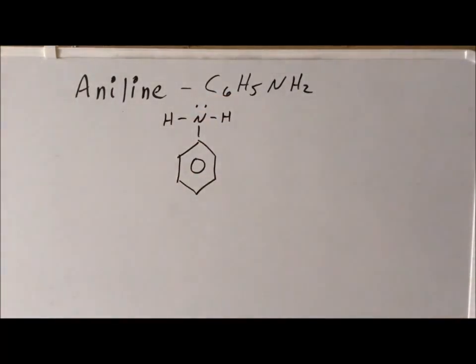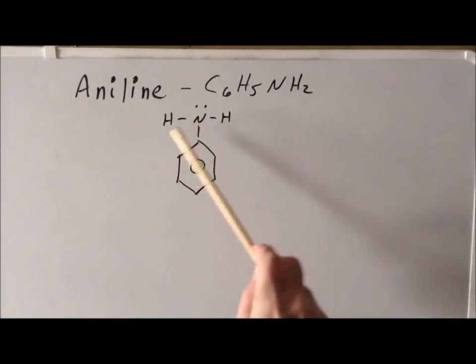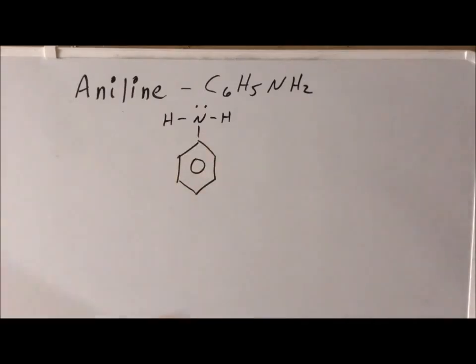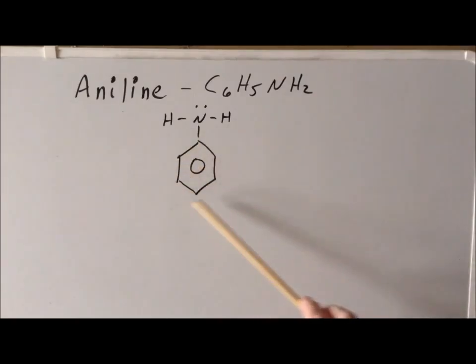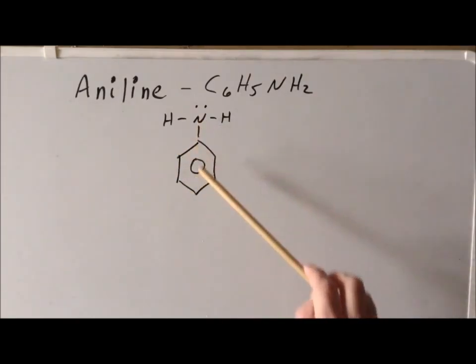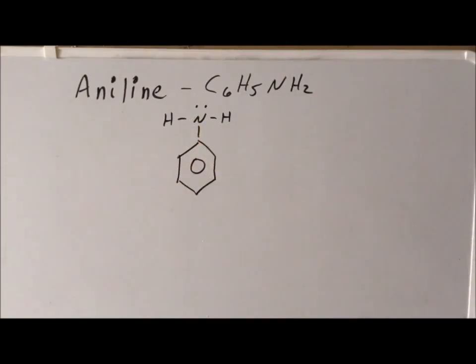One way to think of aniline is as a substituted ammonia, where we replaced one of the hydrogen atoms of ammonia with a benzene ring, which in organic chemistry we call a phenyl group. In organic chemistry, you will learn that one of the effects of this benzene ring is to withdraw electron density from the nitrogen, therefore making it a much weaker base than ammonia.